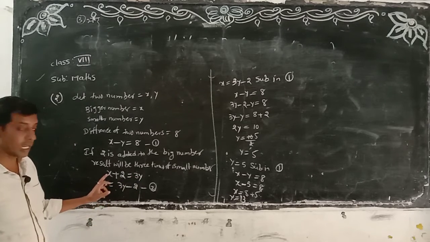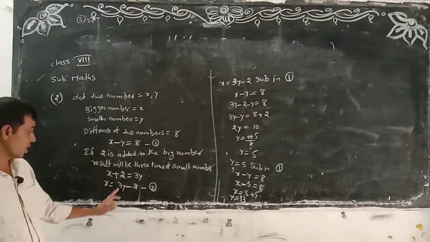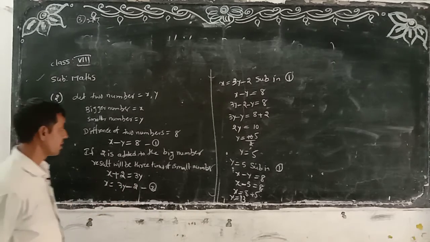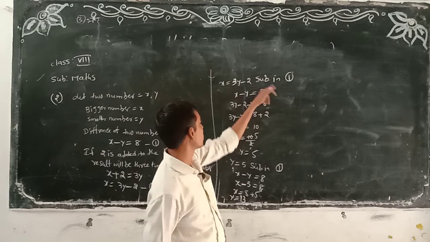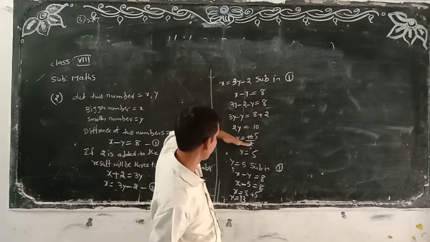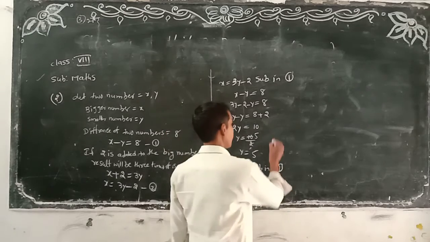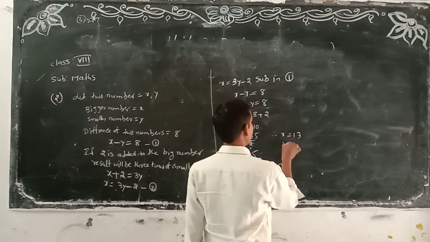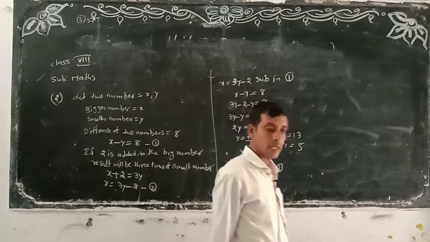Now I need the x value as subject: x is equal to 3y minus 2. I send the 2 to the right side and substitute in the first, in place of x, 3y minus 2. Then I got the y value, then the x value. Therefore, x is equal to 13 and y is equal to 5. Okay? Let's check.